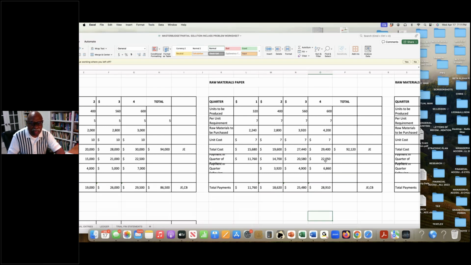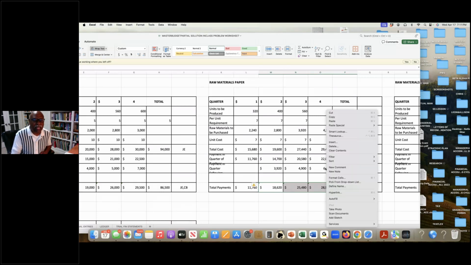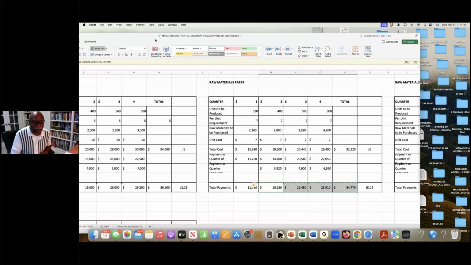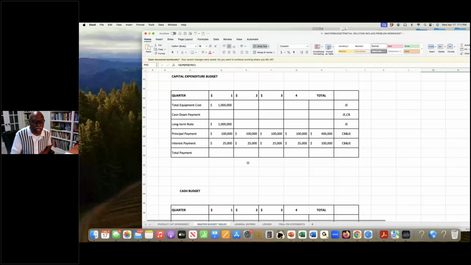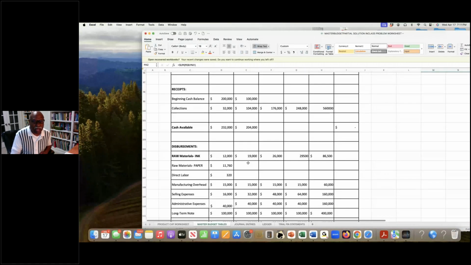So our total payments, when we auto sum those, should be 84,770. So we're going to take these numbers, copy them, and put them at the bottom on the cash budget. We're going to put them right here.